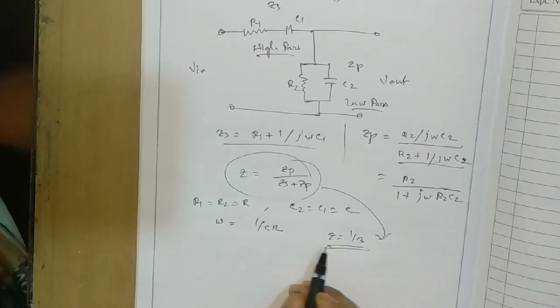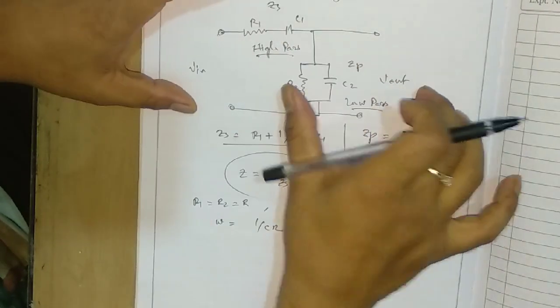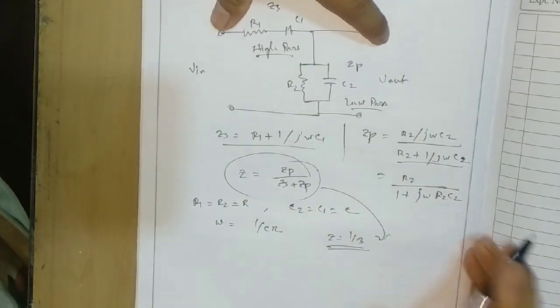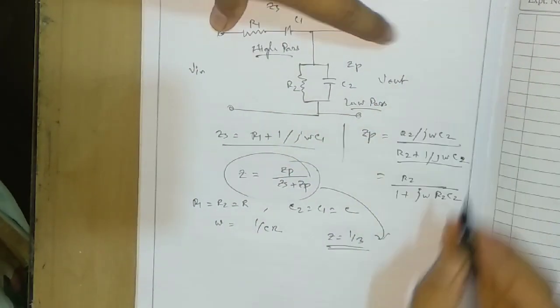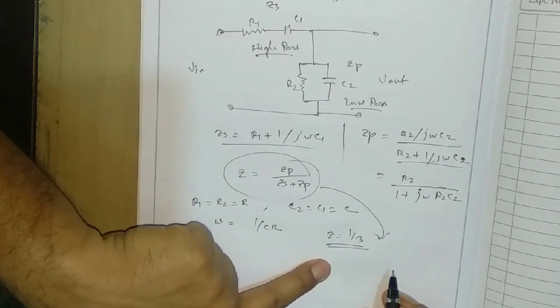So the total impedance will be 1 by 3, or in other words, we will have an attenuation of 1/3.